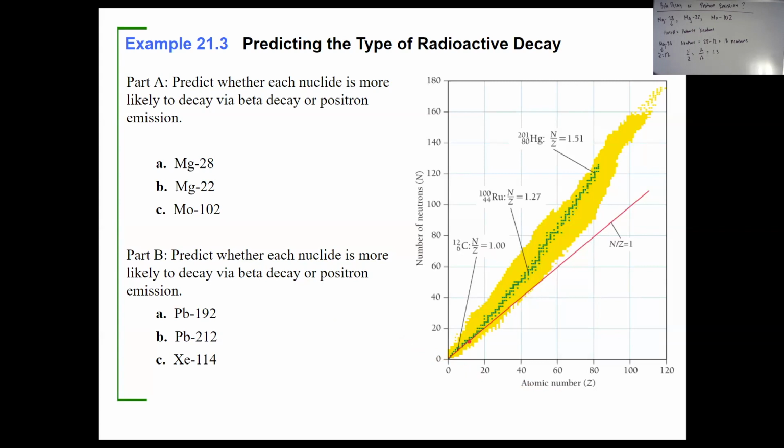Now, magnesium is still in the area where a stable N to Z ratio is about 1. So I'm going to just write that down on the whiteboard here. A stable N to Z for magnesium is about 1.